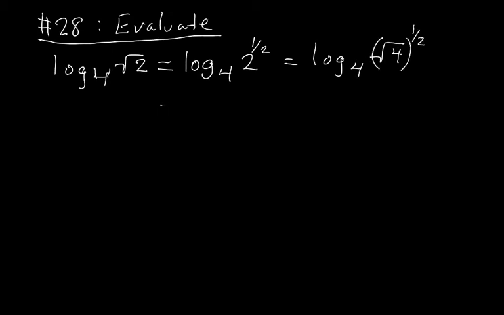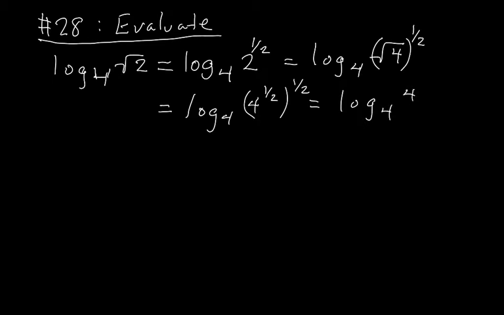And from there I know that, just like before, the square root is a 1/2 power. And then if I've got a power to a power, I can rewrite that as a multiplication of powers. So log base 4 of 4 to the 1/2 times 1/2, which gets us log base 4 of 4 to the 1/4.